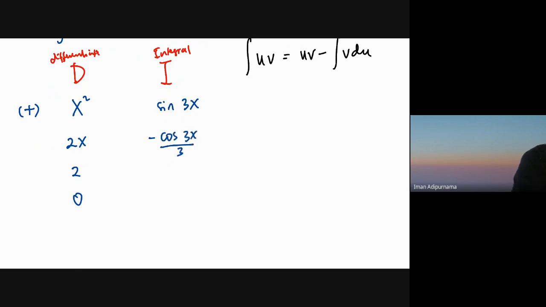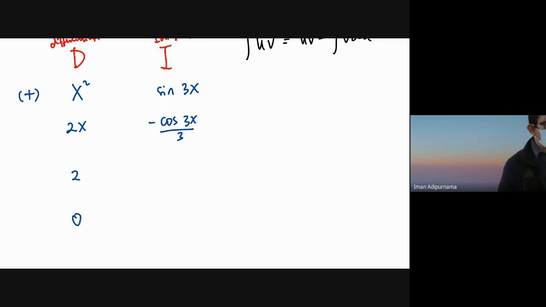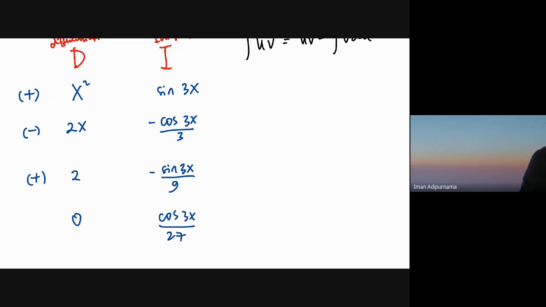And from minus cos, we go to minus sine 3x over 9, and eventually get cos 3x over 27, right? And this is plus, minus, plus, minus, okay?